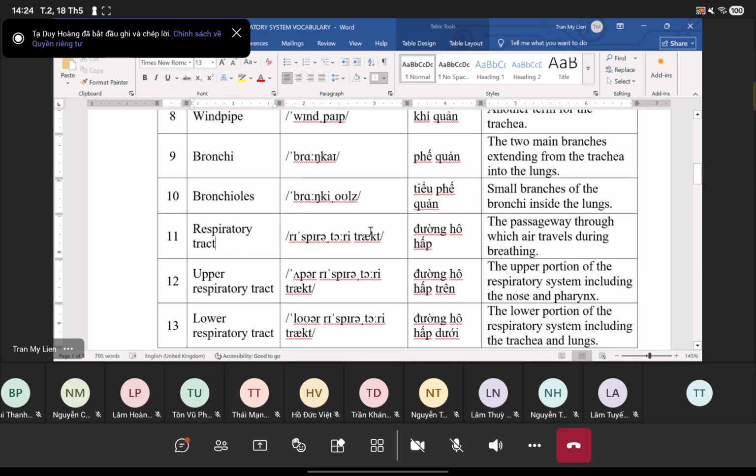Respiratory tract consists of the upper respiratory tract and lower respiratory tract. The upper portion includes the nose and pharynx, whereas the lower portion consists of the trachea and the lungs.